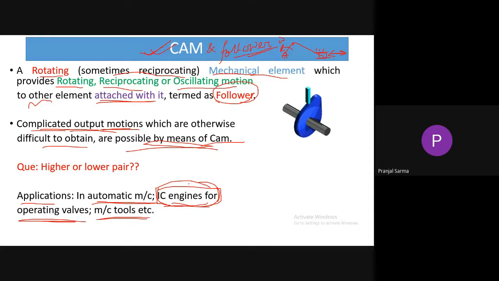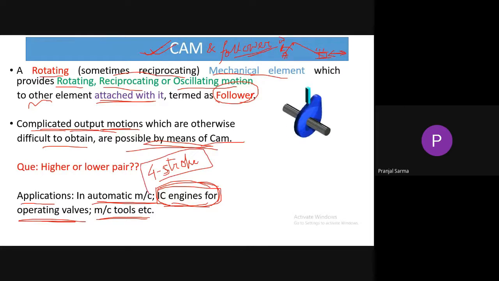In your thermodynamics also you have studied, if we talk about the four-stroke engine. All of you have heard about the four-stroke engine, four-stroke, two-stroke. From your thermodynamics also you know. So what are those four strokes?